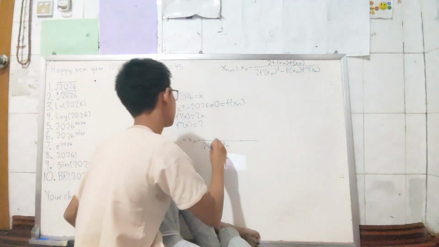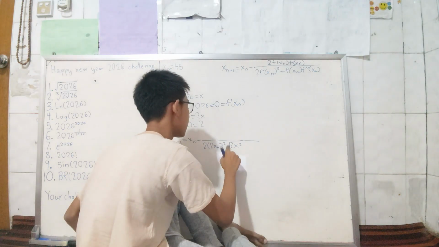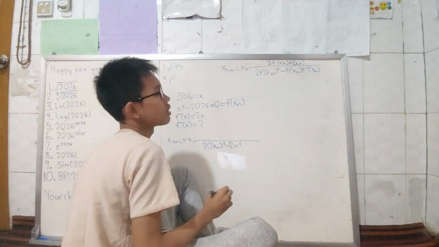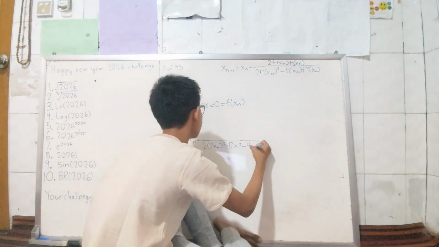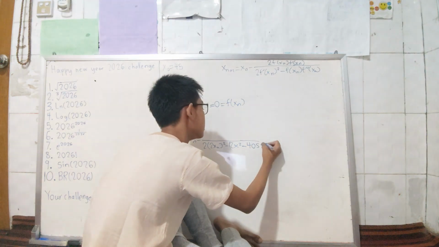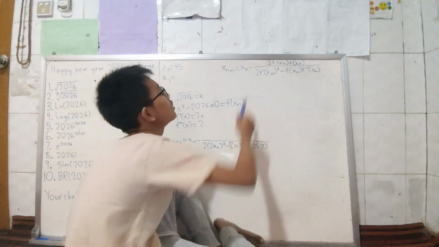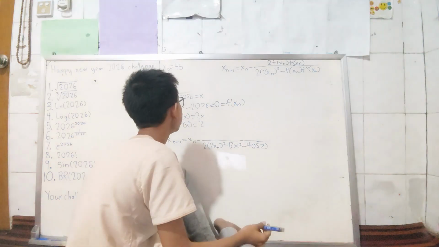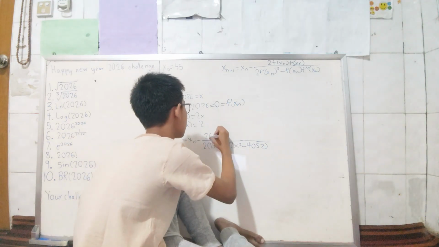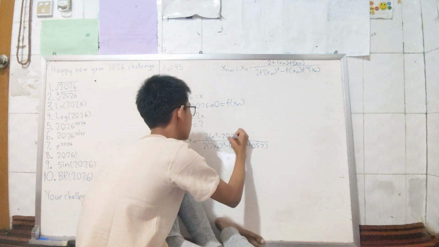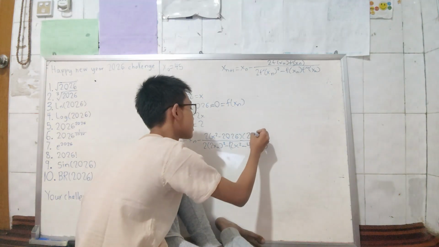We're going to put parentheses like this: 2x squared minus 4052. I'll simplify this later. Then the numerator is 2 times f of x times its derivative, which is 2x.